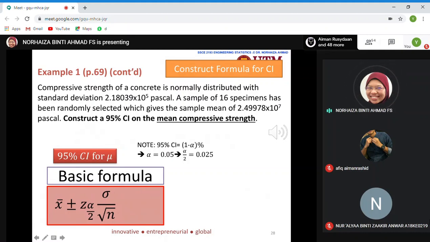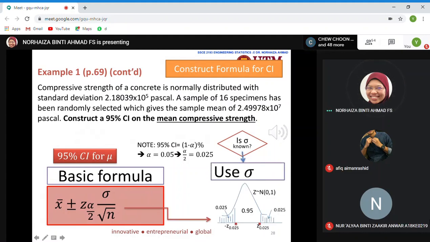In order for you to use the formula for the confidence interval for the population mean in particular, I want you to remember this mantra. Is sigma known? If sigma is known, then you need to use the basic formula, because you can plug in the value of sigma into this formula.